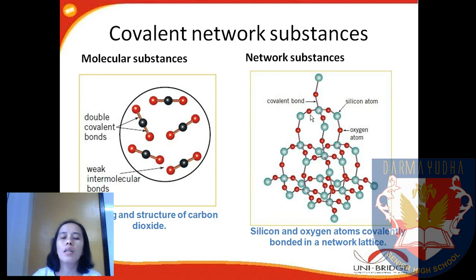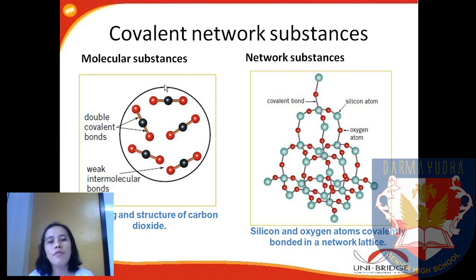Next, the last substance that we discuss today is the covalent network substance. A covalent network substance is different from a covalent molecular substance. Covalent molecular substances are brittle and soft, but covalent network substances are very hard and also brittle, and they are chemically inert and insoluble in most solvents, for example water.